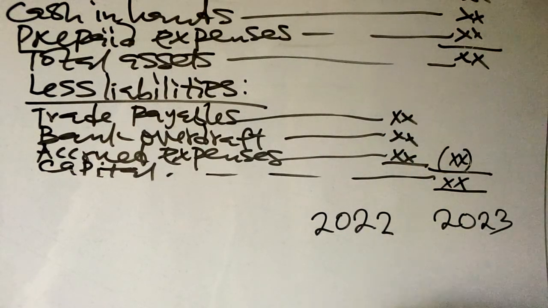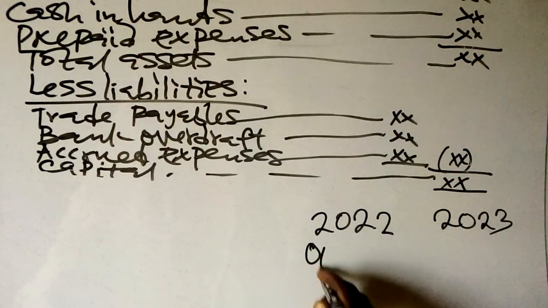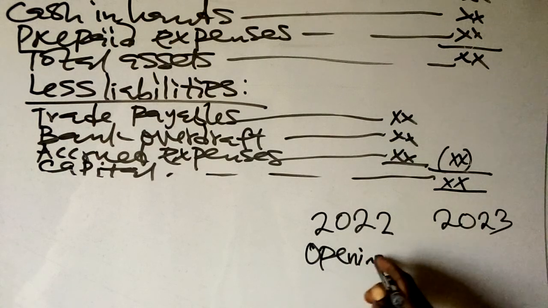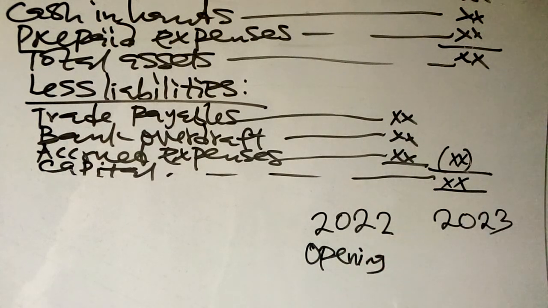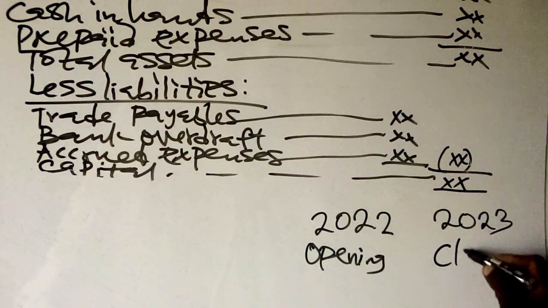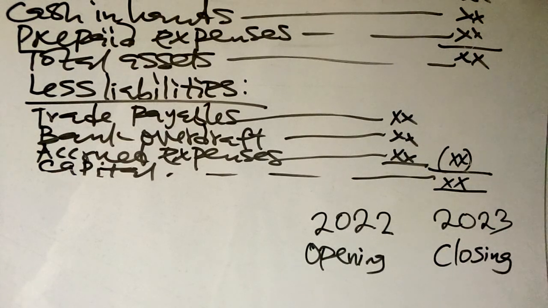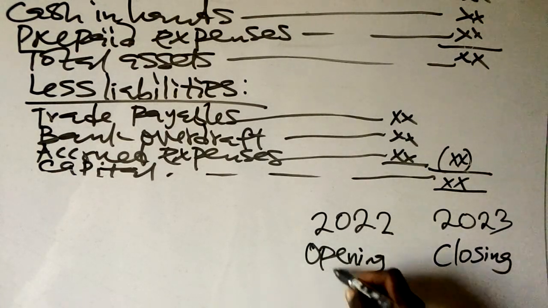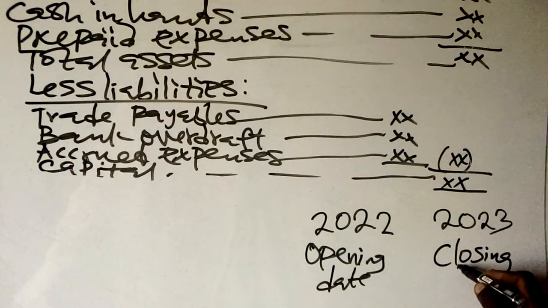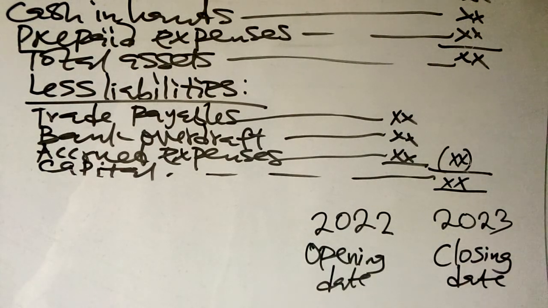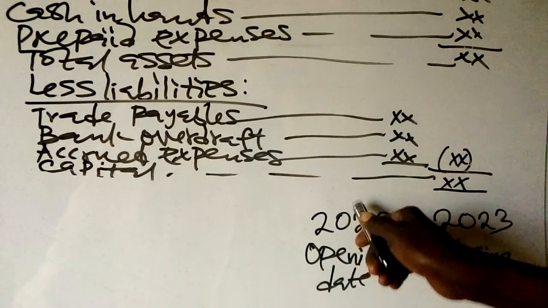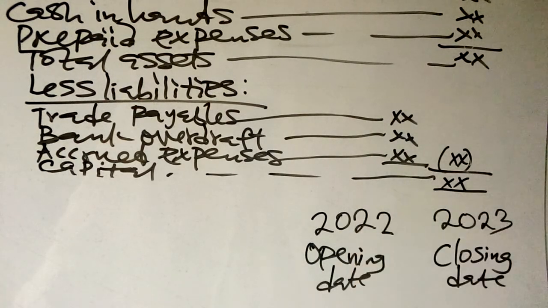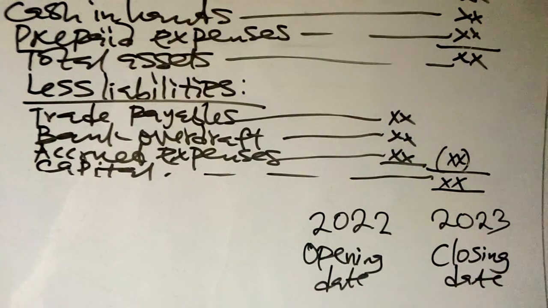Any transaction you see under 2022 is the opening date, that is the opening entry, while the one in 2023 is the closing date or closing entry. Meaning that it is those you have under 2022 that will be used to ascertain the opening capital, while the ones under 2023 will be used to ascertain the closing capital.